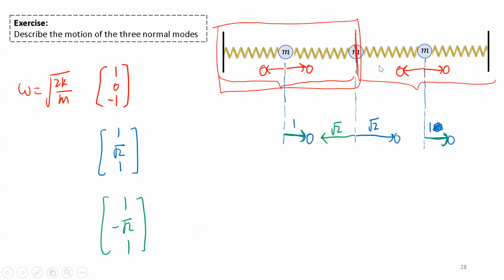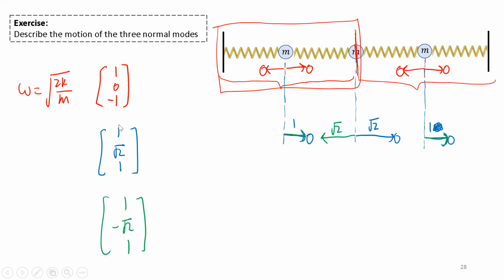But the amount of compression and extension is different for different cases. For example, you can see that in this case the amount of compression or stretching would be small compared to this one.